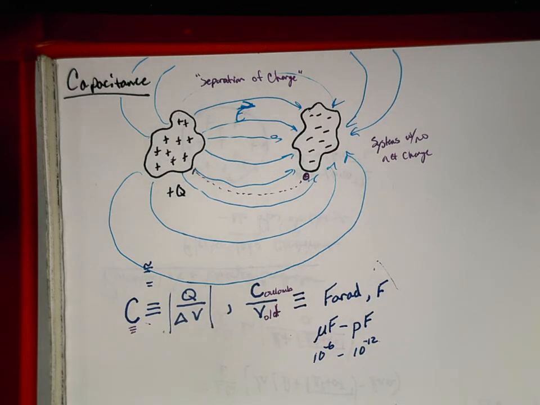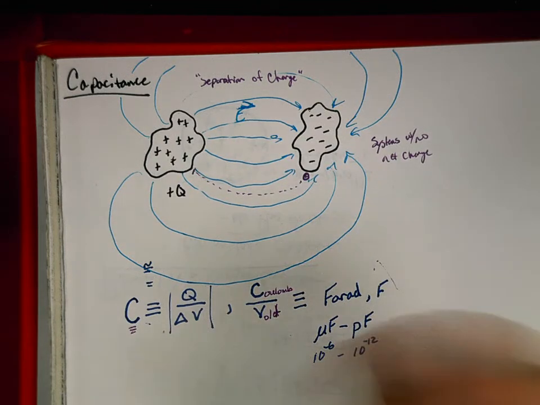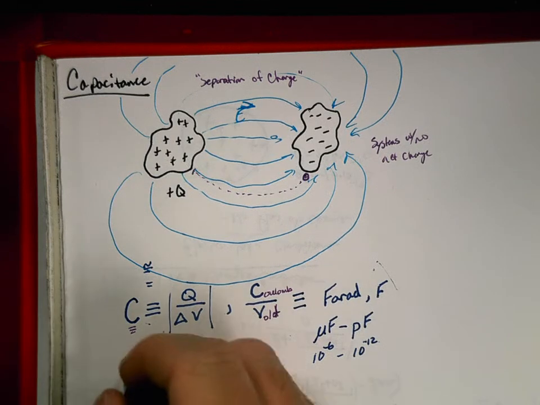Okay, so I'm going to give you guys a couple of examples of capacitors. But what I want you to keep in mind is that capacitors are defined by two things.